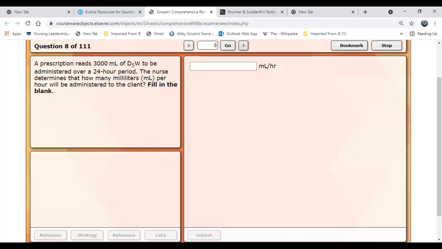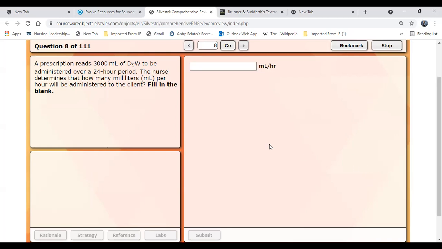You see that this formula is going to end up mLs per hour. So for mLs per hour, you need your total volume in mLs, which in this case is 3,000, and your total time in hours. In this case, it's a 24-hour period.